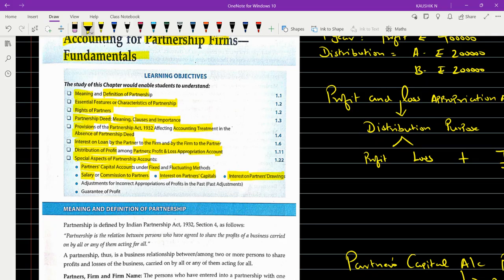One from the point of view of the business and another from the point of view of a partner. So for the business, interest on drawings is an income, whereas for a particular partner, interest on drawings is an expense. In the same way, interest on partner's capital is an income to a particular partner, whereas it is an expense to the business. Okay.